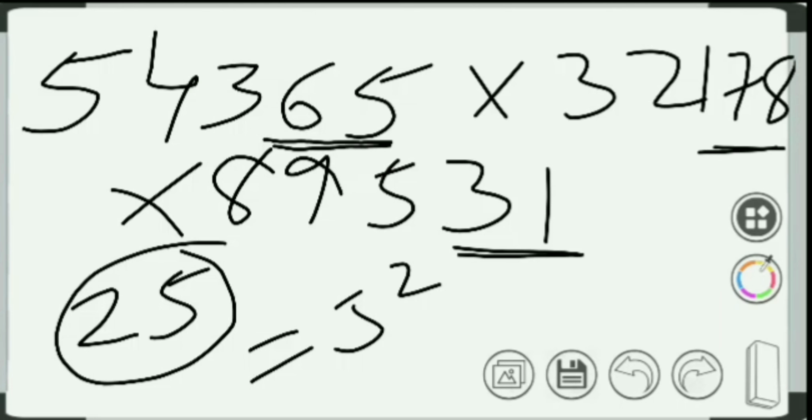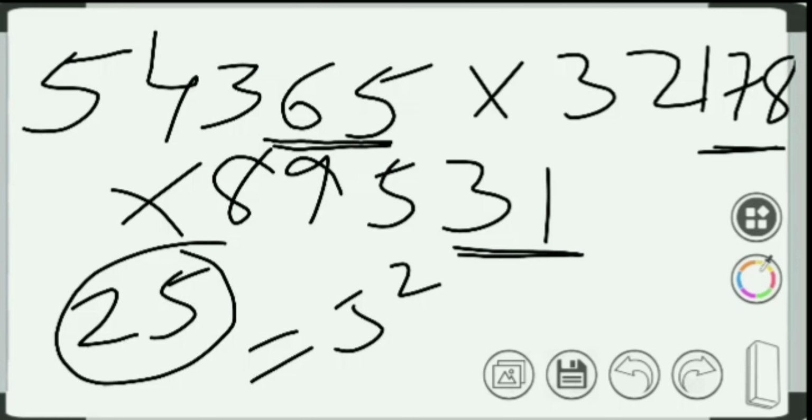To check the divisibility by 5, we just check the last digit. Here 25 is equal to 5 square, so we have to check the last 2 digits of every number. Now when 65 is divided by 25, then the remainder will be 15.